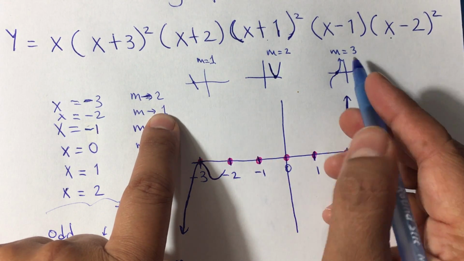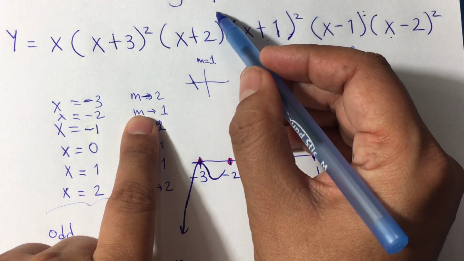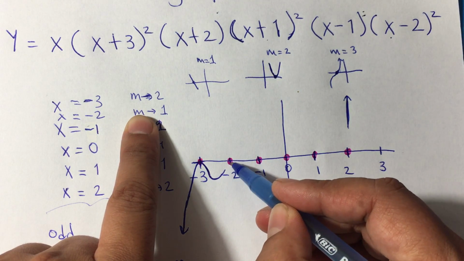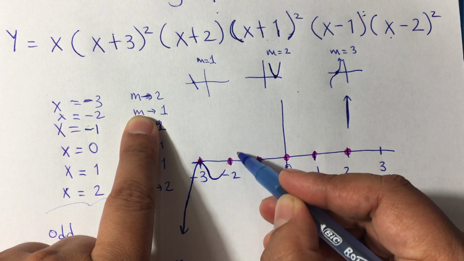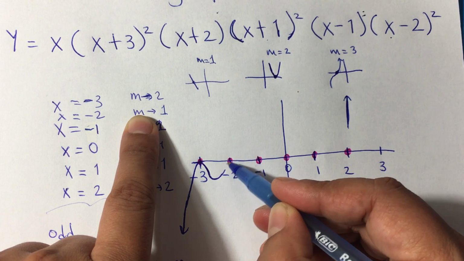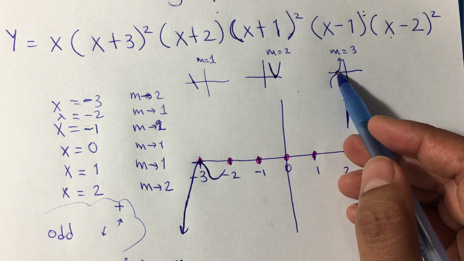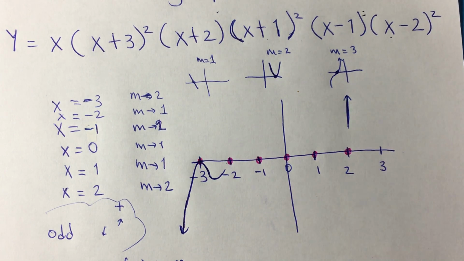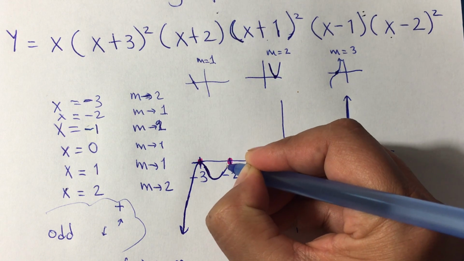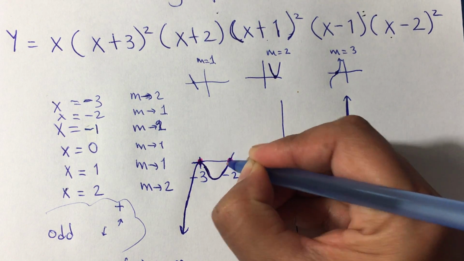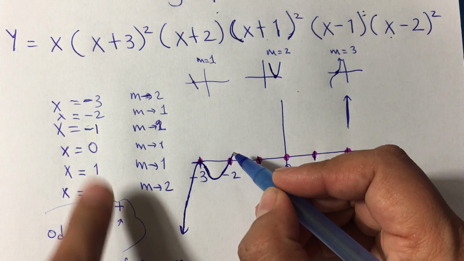If it was multiplicity 3, meaning cubed, then it would create a little curve, almost a flat line in here. Not quite flat, but closer, since it's a cubic function. But for multiplicity 1, it just goes straight, not creating any curve through that point.